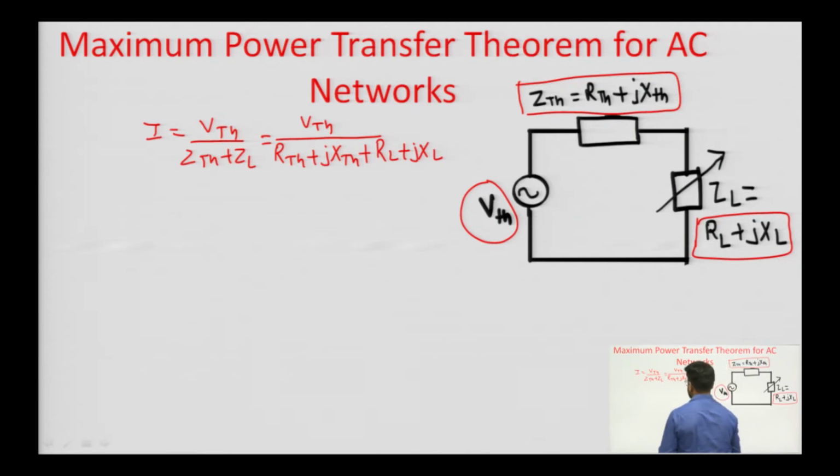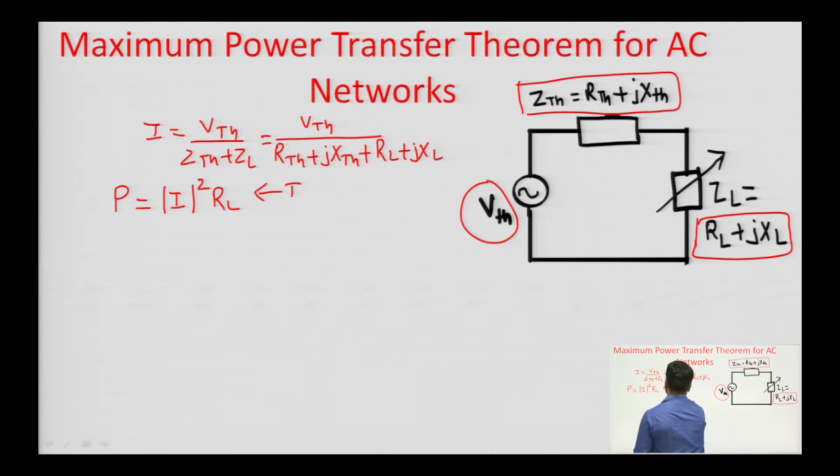Now, we are always interested in calculating the true power of the circuit. So, the true power of the circuit is written as magnitude of I square into RL. This is the true power, also known as average power or active power in the circuit. So, the total power dissipated in the load resistance will be equal to magnitude of I square into RL.